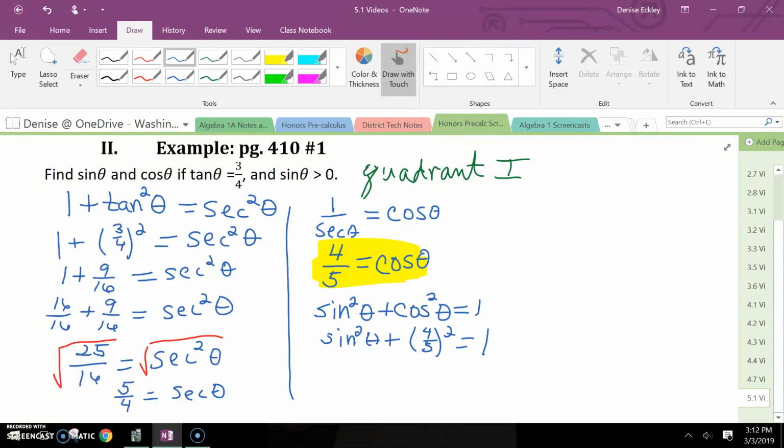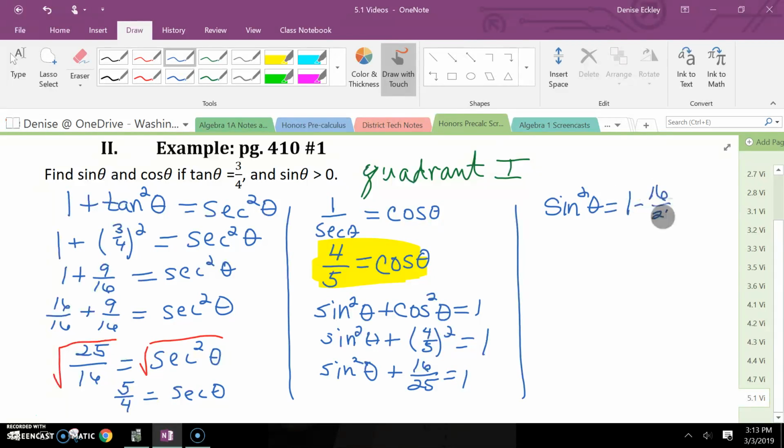So we'll substitute in 4/5 and square that. So we get sine squared theta plus 16/25 equals 1. So sine squared theta is going to be 1 minus 16/25.